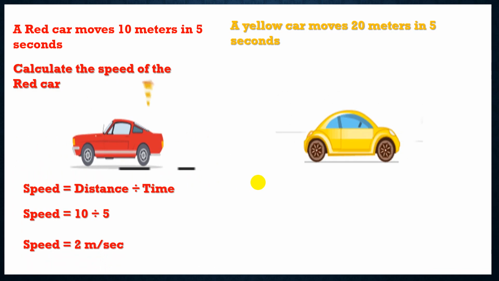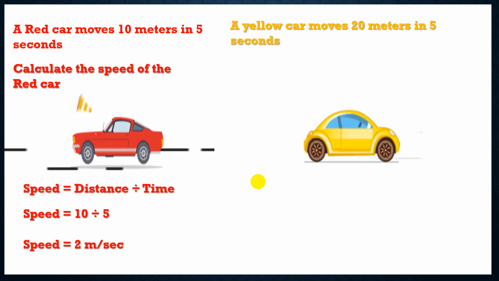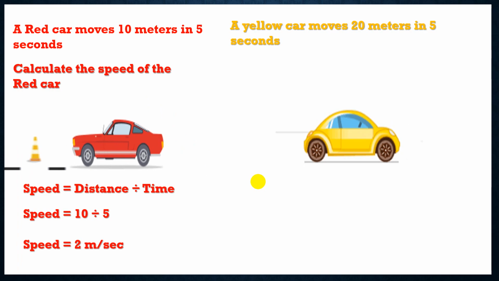A yellow car moves 20 meters in 5 seconds. Okay, you have to make your draft, and that means on the side of your paper you have a space or a part where you can write the data you have. He told me a yellow car moves 20 meters. Meter is a unit for distance, so distance equals 20 meters in 5 seconds.